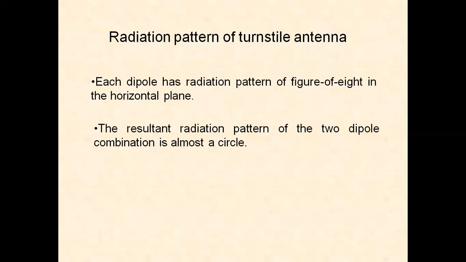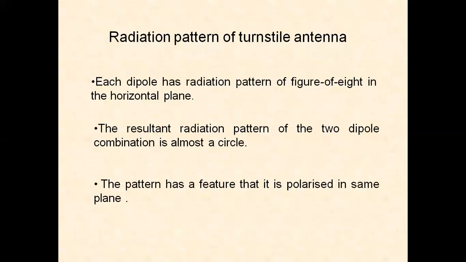So the resultant pattern is very nearly circular in the plane of the turnstile. The pattern has the feature that it is polarized in the same plane. So for horizontal polarization, we have a circular radiation pattern in the plane of the turnstile.